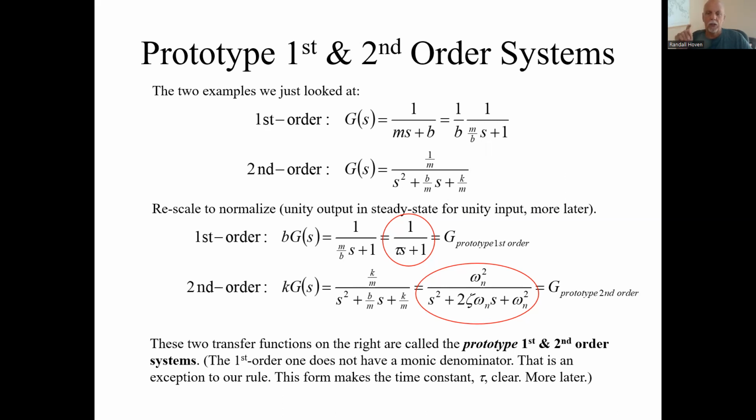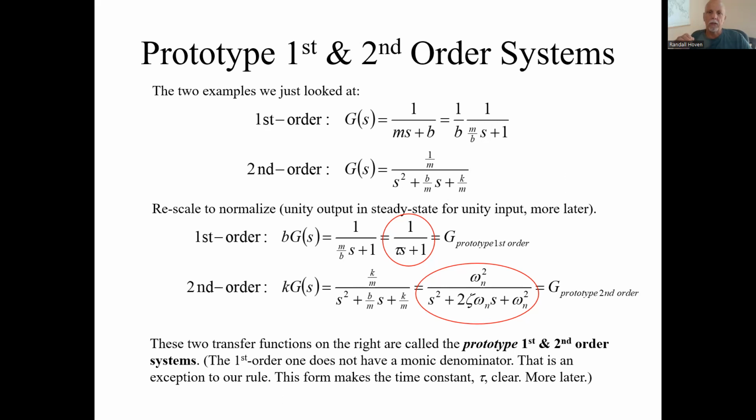One, we can characterize outputs for certain standard inputs, like an impulse, a step function, a ramp, a parabola, a sinusoid, all that stuff, and have generic results for those things.